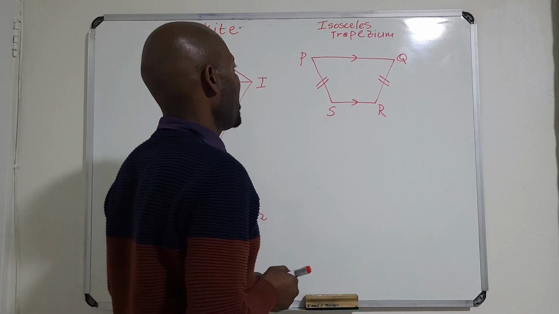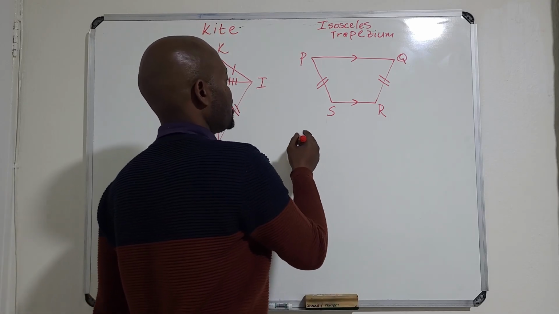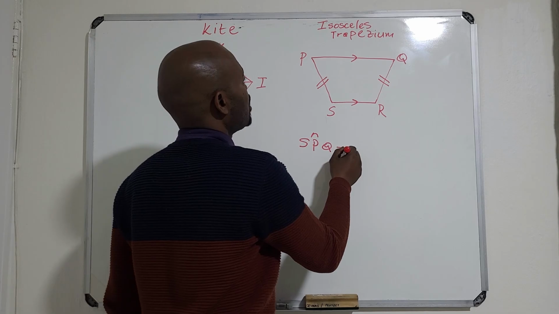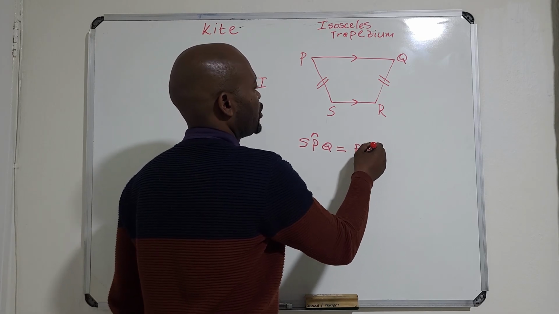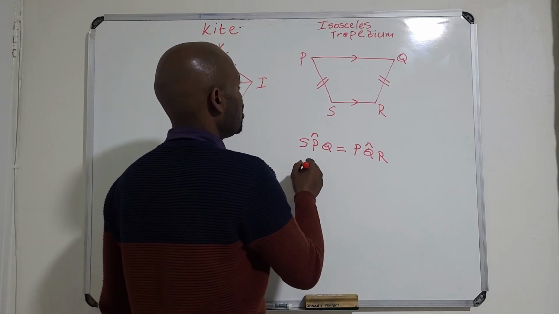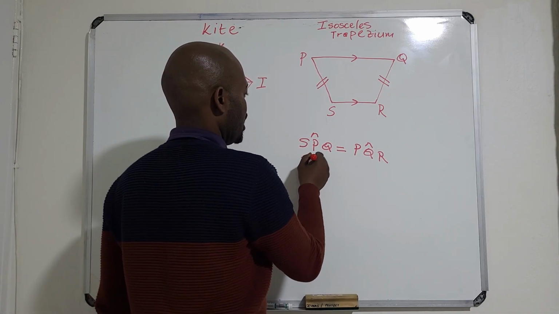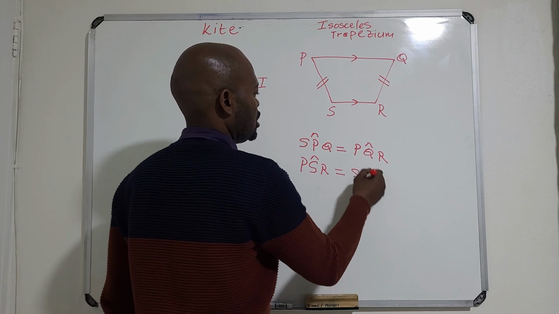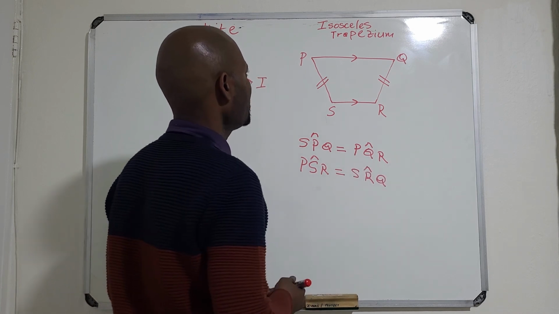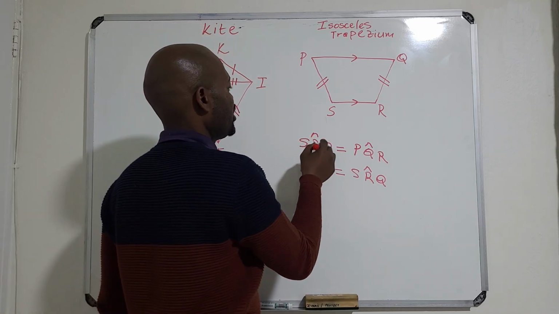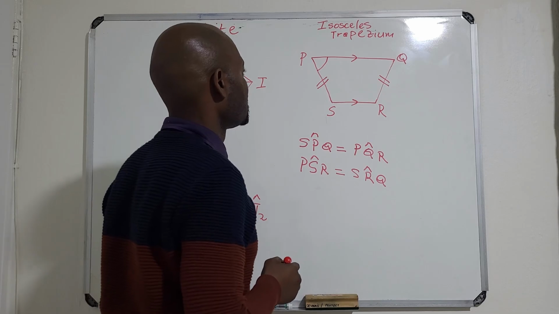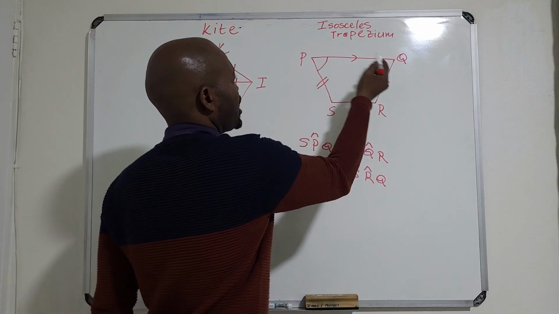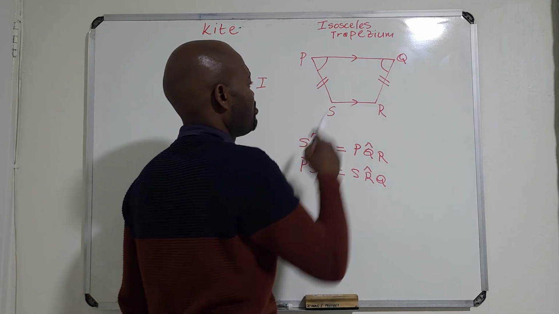Also, in an isosceles trapezium, angle SPQ is equal to angle PQR, and also angle PSR is equal to angle SRQ. This simply means that angle SPQ, which is this angle, is equal to angle PQR, which is that angle.